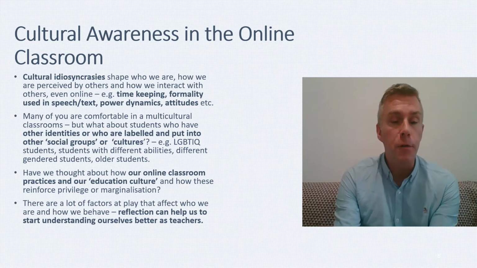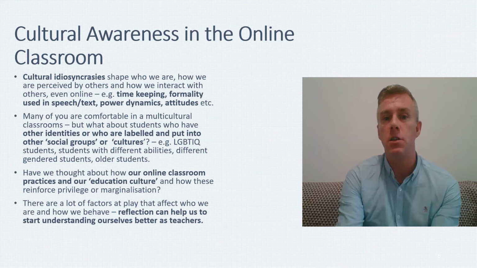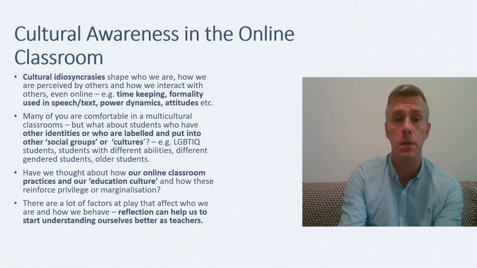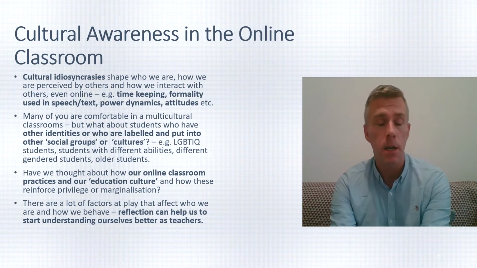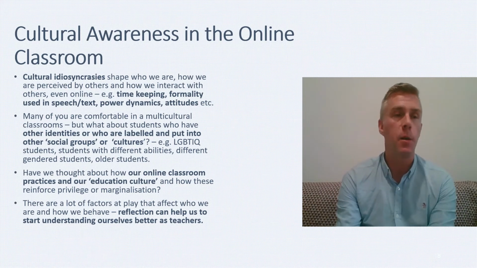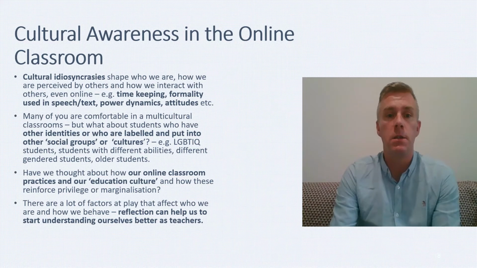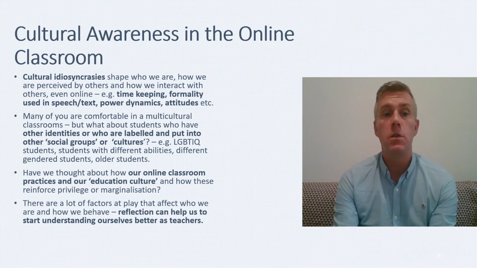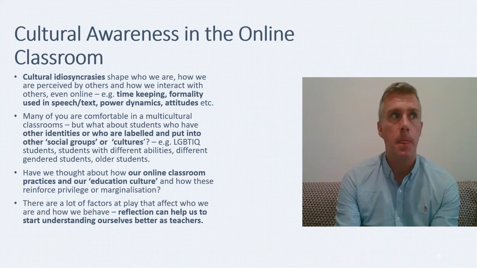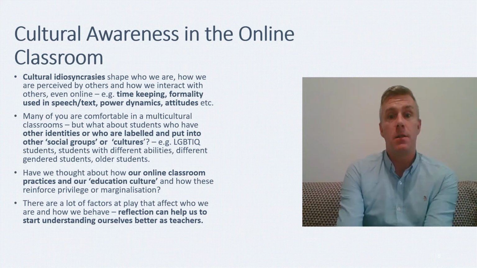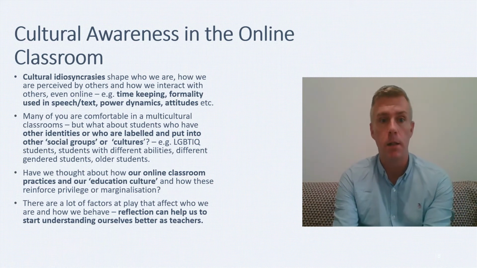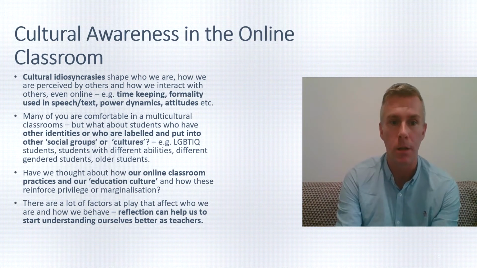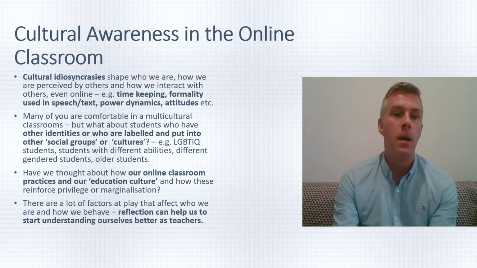You yourself might have a different expectation of who an LGBTIQ student is than a non-LGBTIQ student, or a student with different abilities, different gender students, and so on. So it's good to understand the labels that our societies put on us as well, rather than just the cultural differences that are at play.